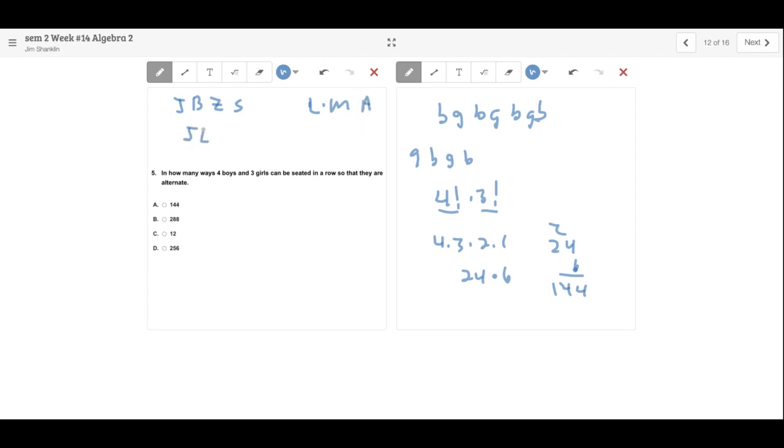So you could have J, L, B, M, Z, A, S, and then you could just switch one of these, and that would be another combination. It could be B, L, J, M, Z, A, S. There's a lot of ways that they can be switched around. That's why it's just a number of boys and a number of girls.